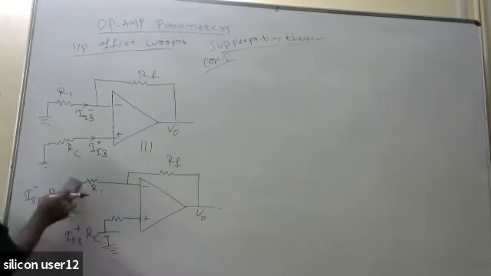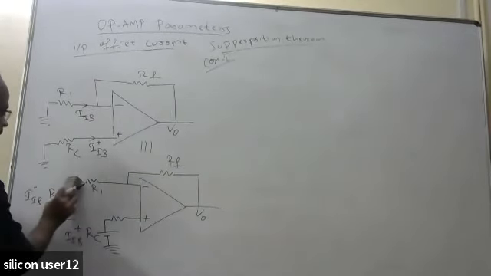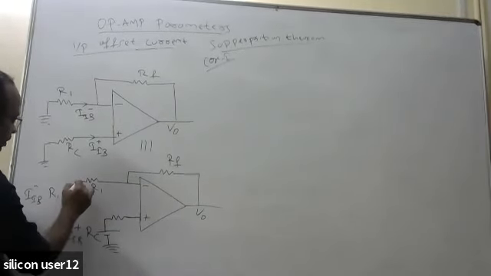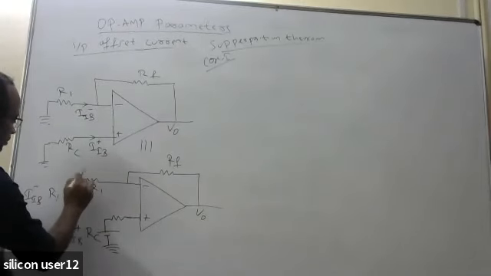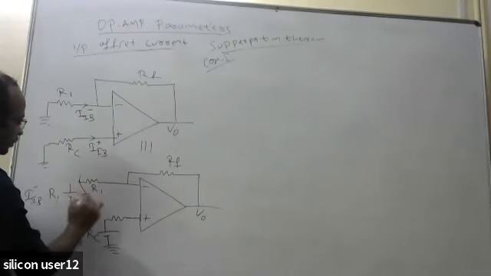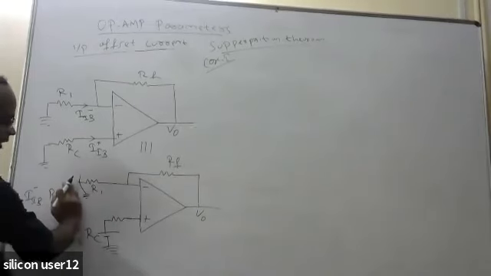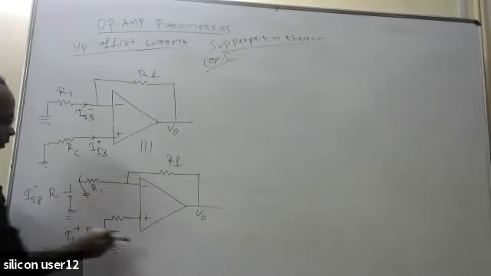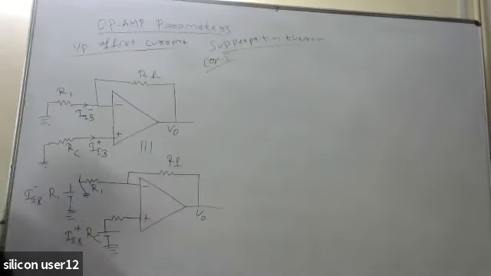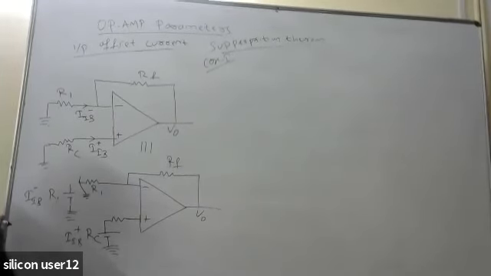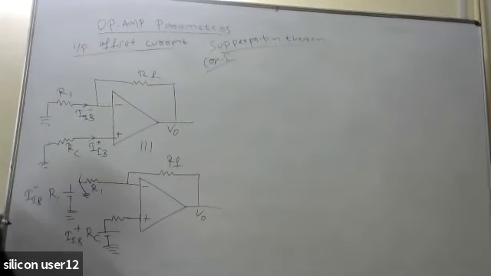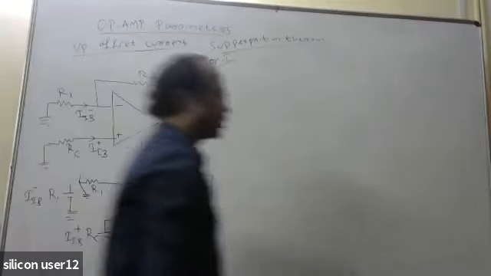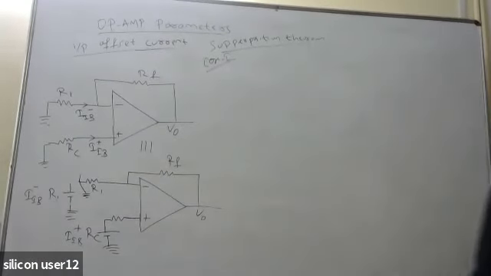Just in this figure, assume this one is connected to 0. So now, is it working like a non-inverting configuration? Yes or no?